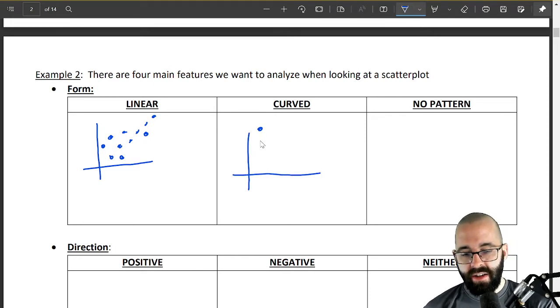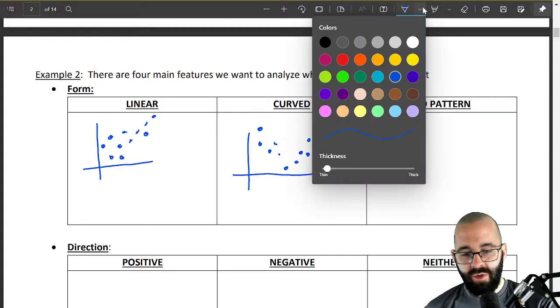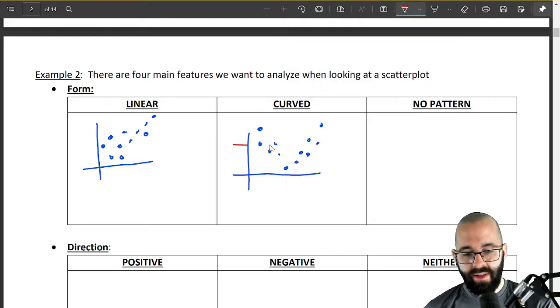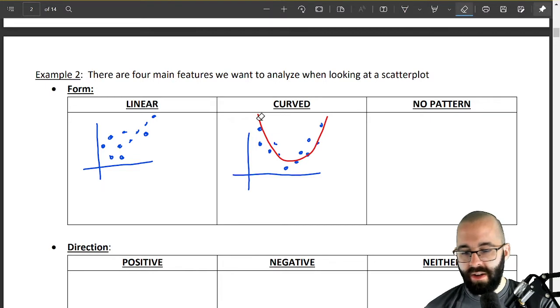Maybe our data points look like this, and a line wouldn't predict this. But we could maybe predict this one with a quadratic or a parabola. We're not going to talk about that in this class, but it could be a thing.